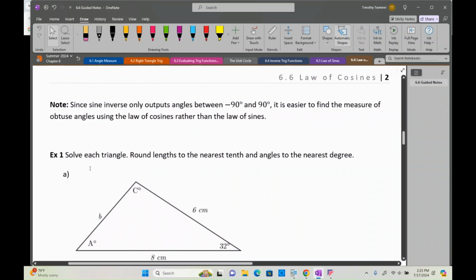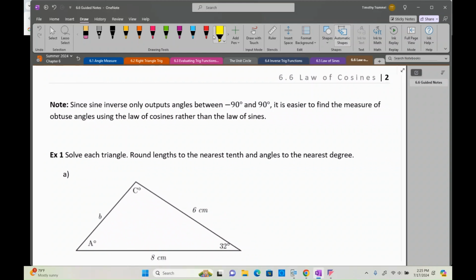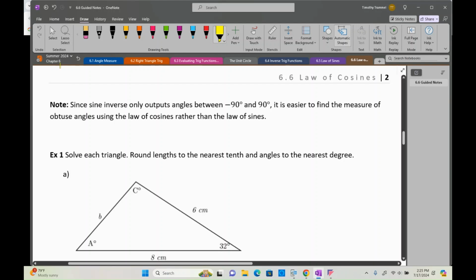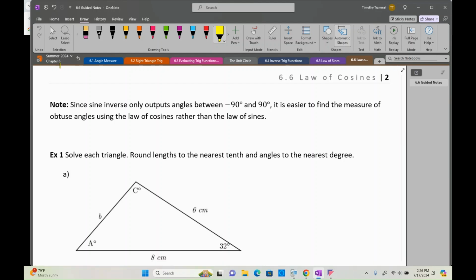I've added a little note up here. So you might remember that with our law of sines, it didn't work very well for finding obtuse angles. We always had to do 180 minus sine inverse to get the obtuse angle we were looking for. Well, cosine inverse doesn't have that problem. Cosine inverse can actually give us angles from 0 to 180 instead of minus 90 to 90.